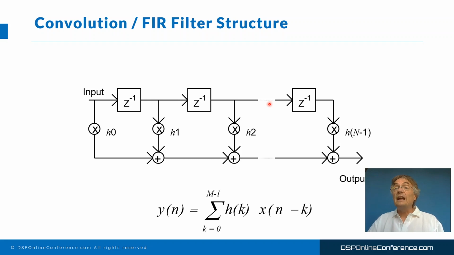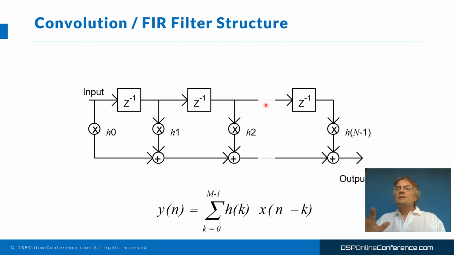So in the FIR filter example, the impulse response is the coefficients of the filter h0, h1, h2, etc. So the coefficients define the impulse response of the filter.